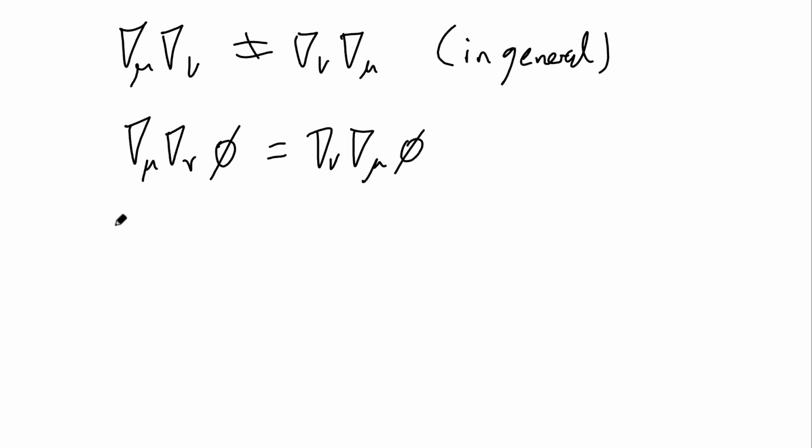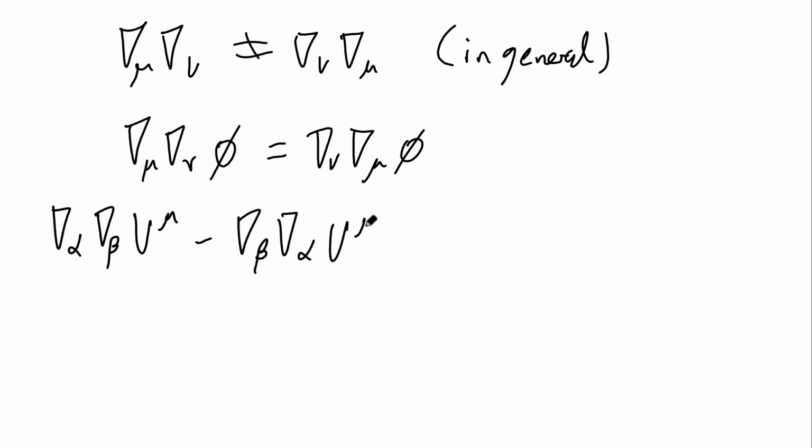But when two covariant derivatives act on a vector, they don't commute. So for example, ∇_α ∇_β V^μ minus ∇_β ∇_α V^μ is not equal to 0. And in fact, this is equal to the Riemann tensor R^μ_{ναβ} times V^ν.